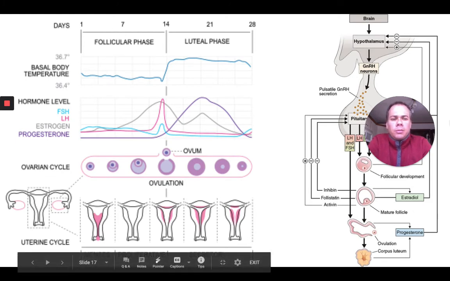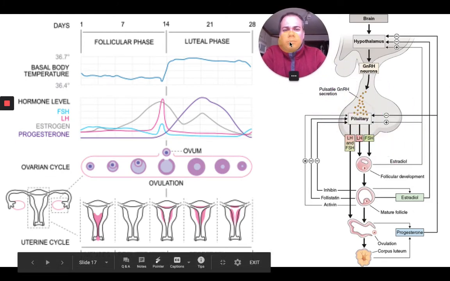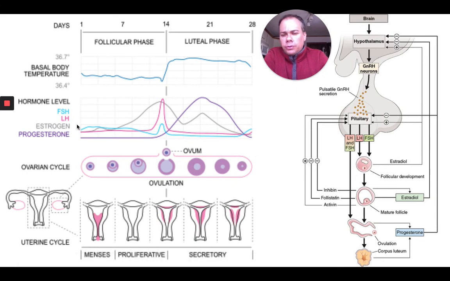So if we look at some of these hormones, this is an important illustration here, and it shows the different phases of the menstrual cycle, of the reproductive cycle. There's a couple changes that happen. One is a change in body temperature. A woman's body temperature does fluctuate with her reproductive cycle.